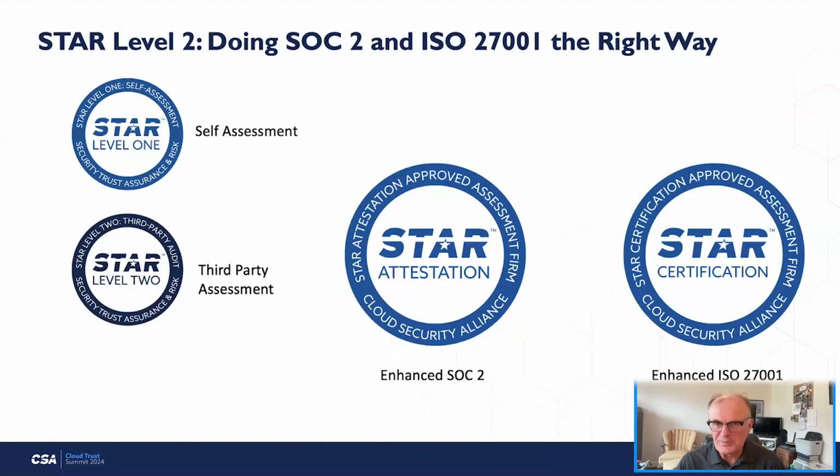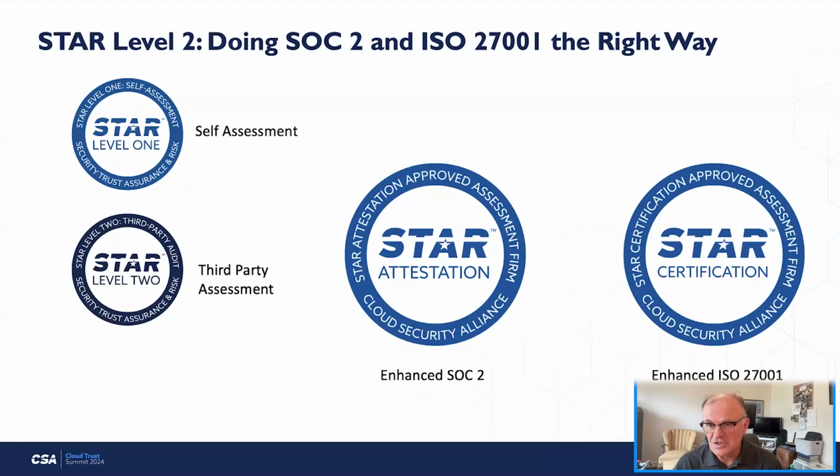So STAR Level 2, again, doing SOC 2 and ISO 27001 the right way. The third-party assessment aspect of Level 2 is something that has different iterations. So what we call STAR attestation is the SOC 2, which we've enhanced with Cloud Controls Matrix and specific guidelines.